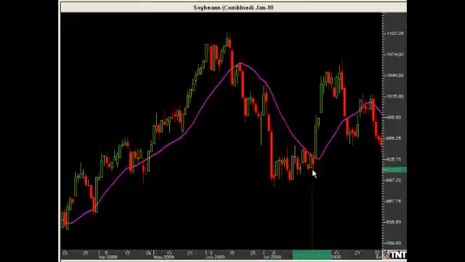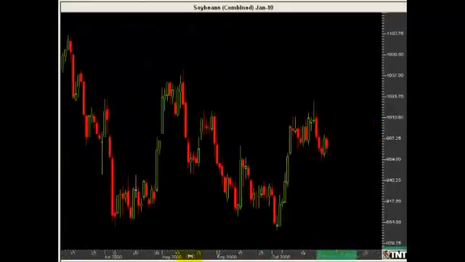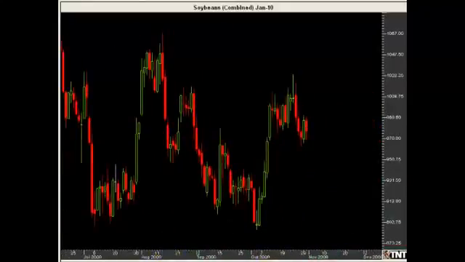Now, there's nothing wrong with that. You can certainly limit yourself to one side of the trade. But by just taking a look at what the price action was doing and saying, okay, the market is having trouble going lower, that gives you a suggestion that the market is perhaps going to head higher.